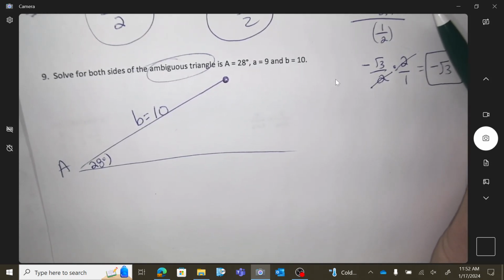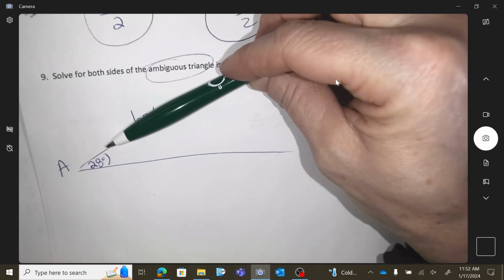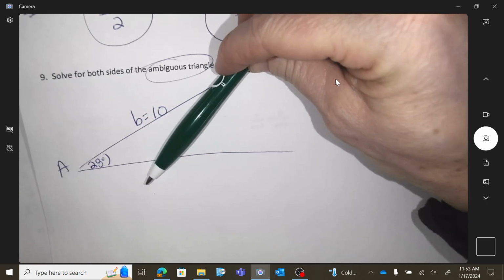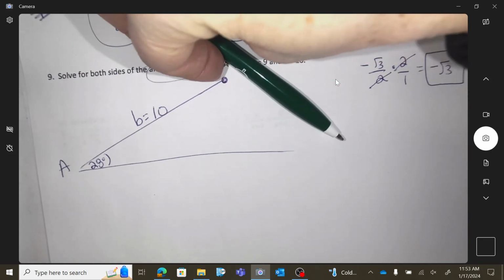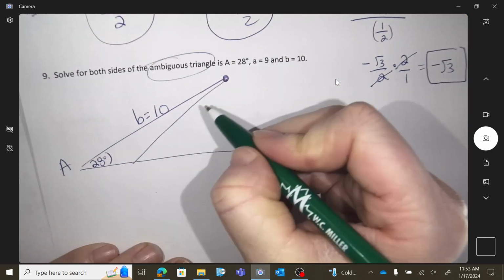And do you remember what this is all about? If 10 is this long, 9 falls where? Right here. And if I keep swinging 9, what happens? Could also form a triangle.